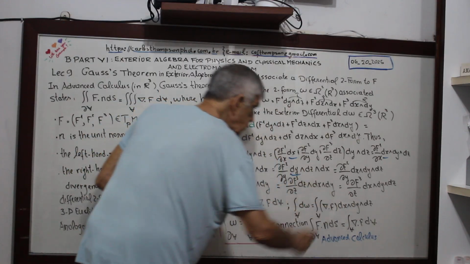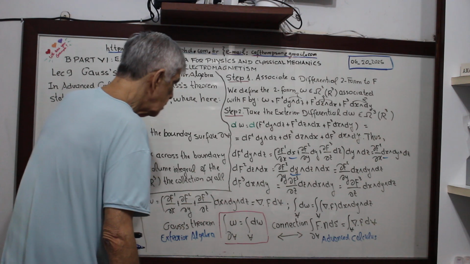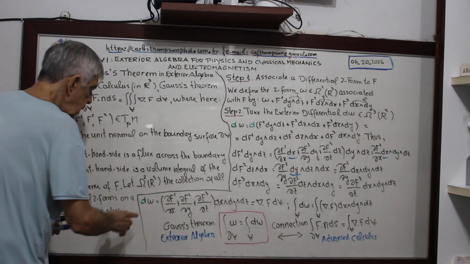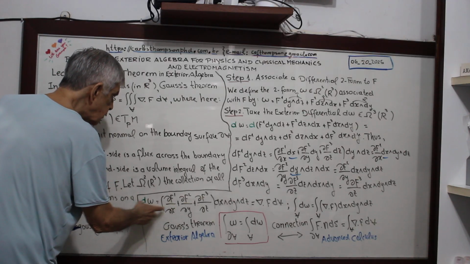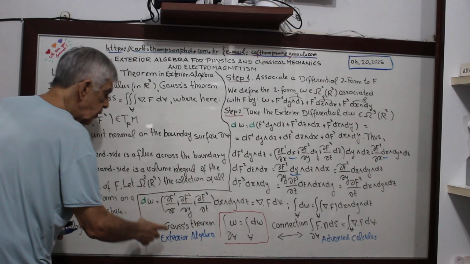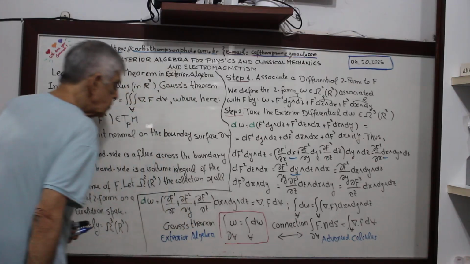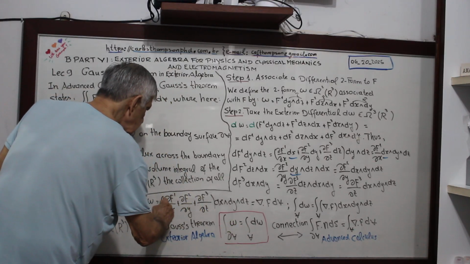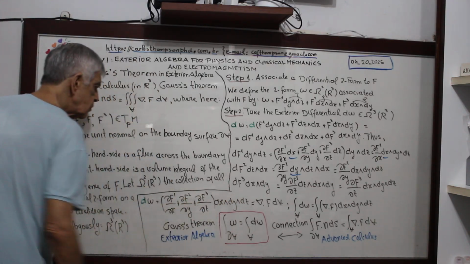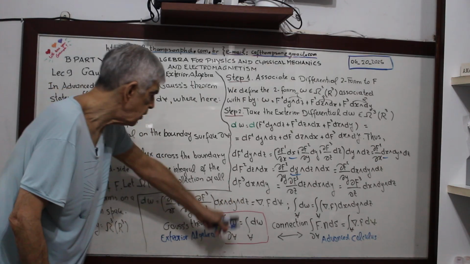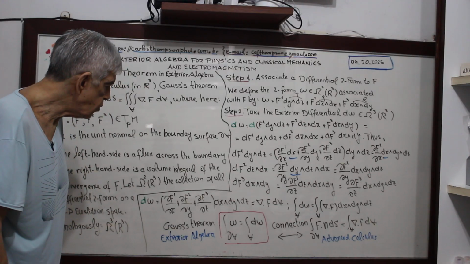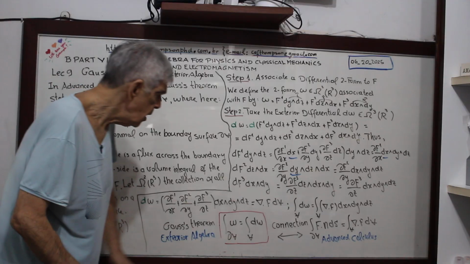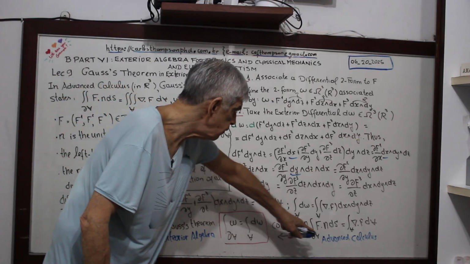This here is from advanced calculus, so you use the divergence, and integrate d omega. It's exactly this term over here. It's quite easy. So this is the famous Gauss theorem in the exterior algebra. You see the connection to advanced calculus.